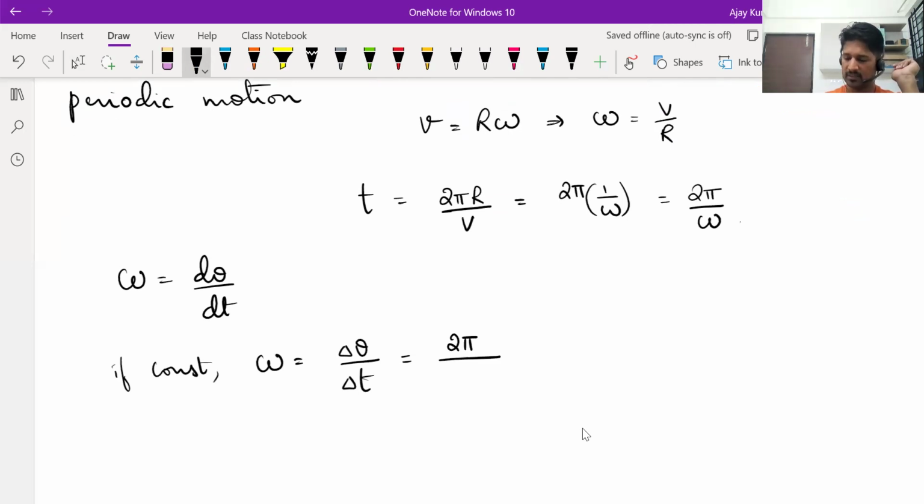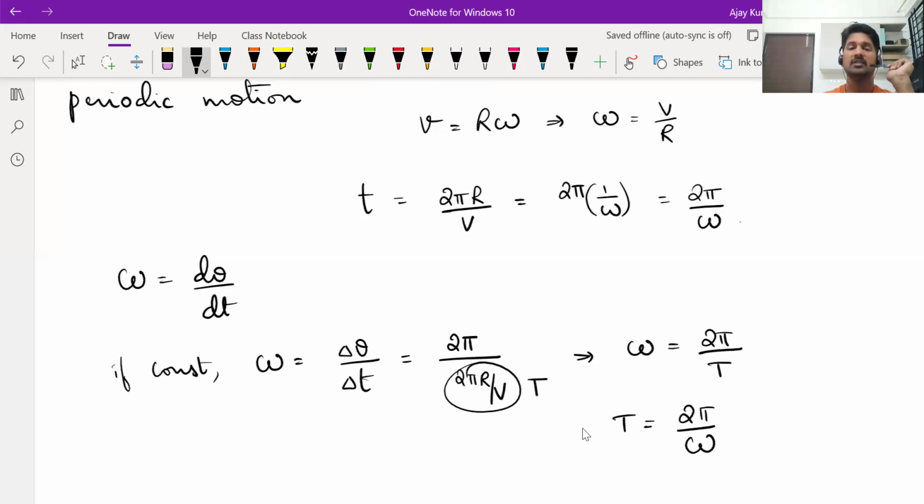And how much time does it take? 2 pi r by v, or you can call this time period. So you can say omega is equal to 2 pi divided by time period, or time period is equal to 2 pi by omega. You can derive it this way also based on the angle rotated in one circle. So this is another formula for time period of uniform circular motion.